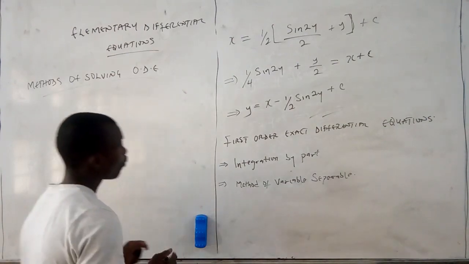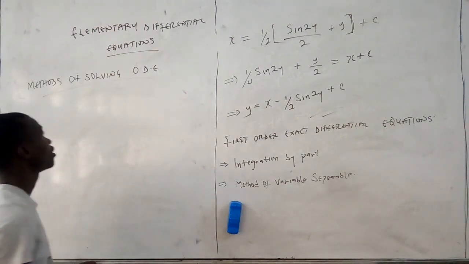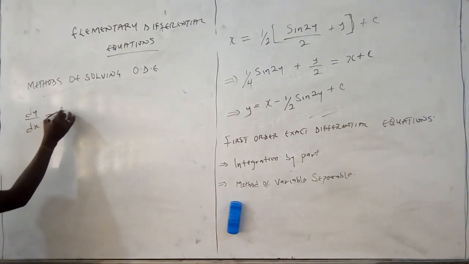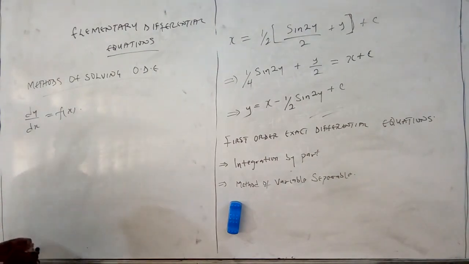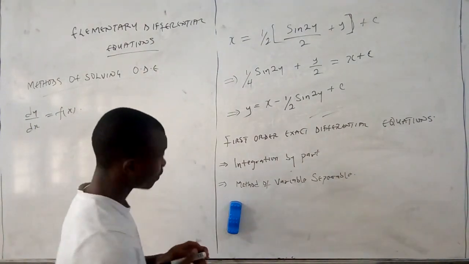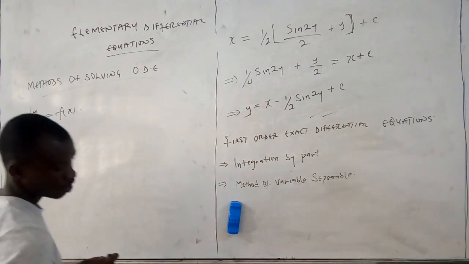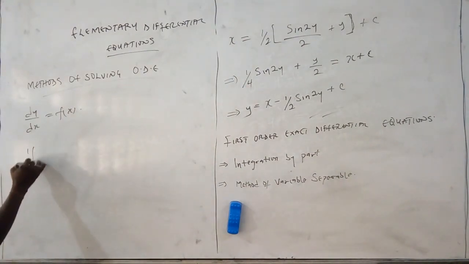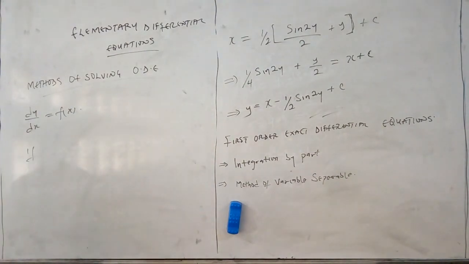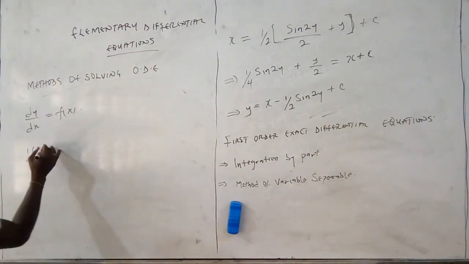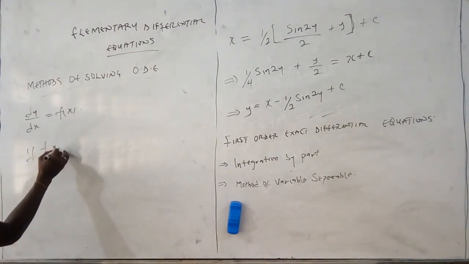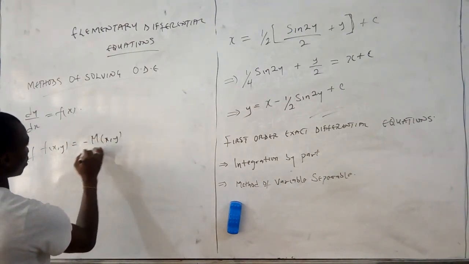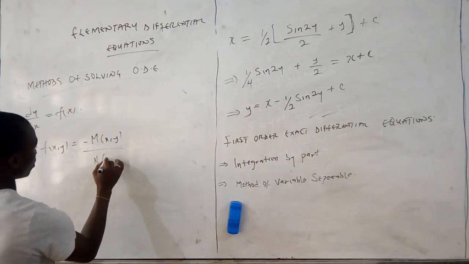So first, we consider a differential equation. The standard form of a differential equation is dy/dx is equal to f of x. That's the first thing you consider. Then if we consider a double variable partial differential equation, f of (x, y) is equal to minus M(x, y) all over N(x, y).